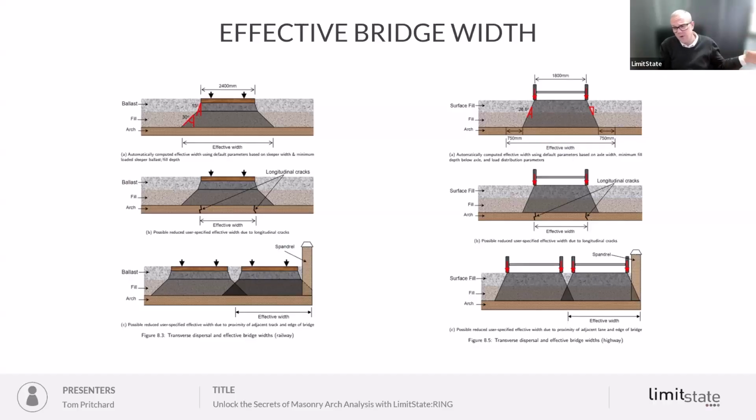So on wider bridges, for example, a vehicle with one wheel on the pavement, for instance, if it's parking or going around something else, can quite often place loads close to the parapet or over joints that aren't directly beneath the main carriageway. So we need to consider as many of these loading situations as we possibly can that we believe would be realistic. And then by carefully considering these factors, you can ensure that the effective bridge width reflects the most critical conditions to provide a safe and realistic analysis.